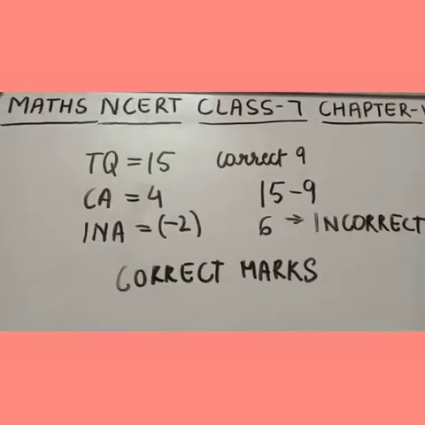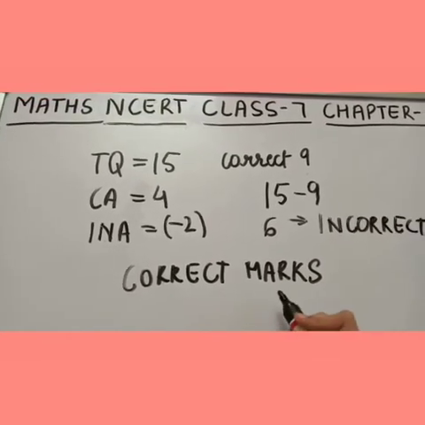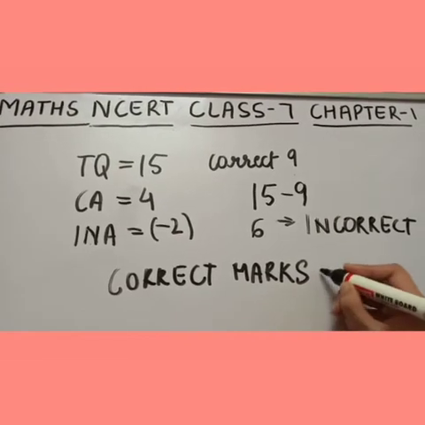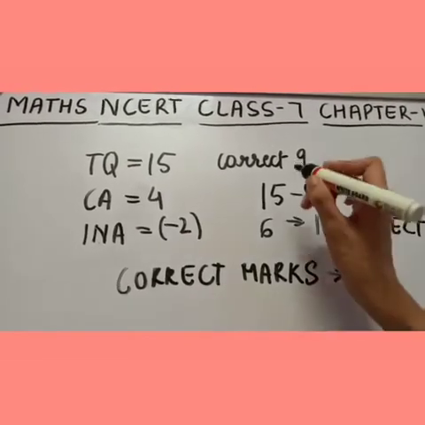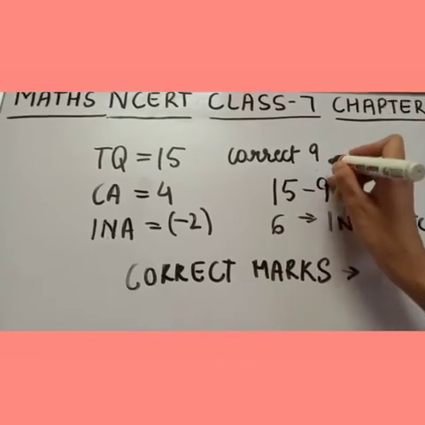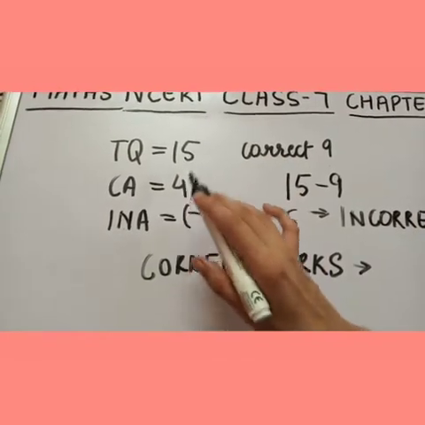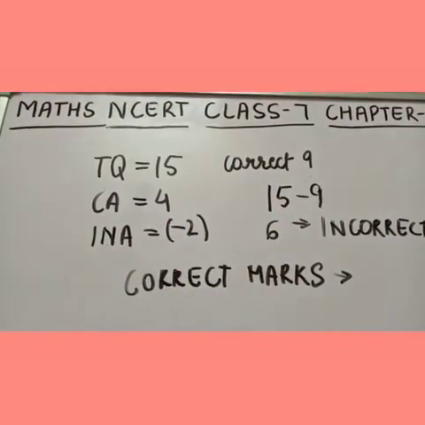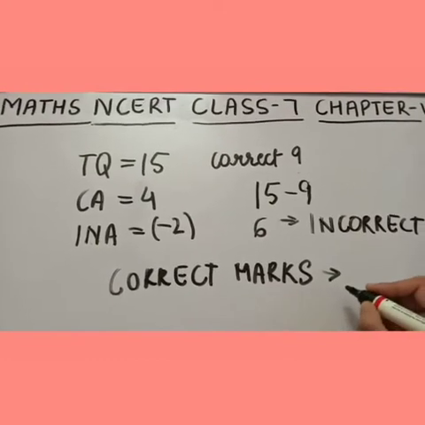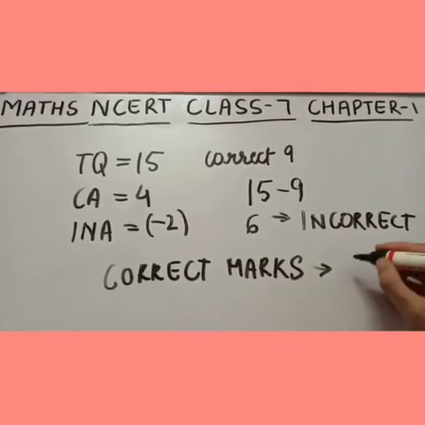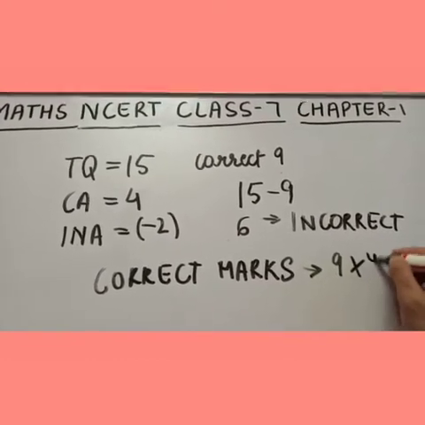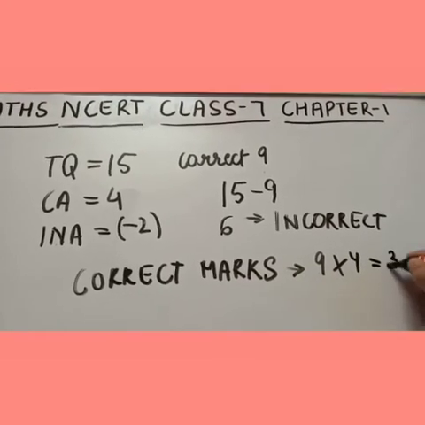Right now, let's understand. So, Gurpreet's marks for correct answers would be, you will multiply the number of correct answers with the correct marks. Marks given for correct answers. So, 9 into 4 is 36.